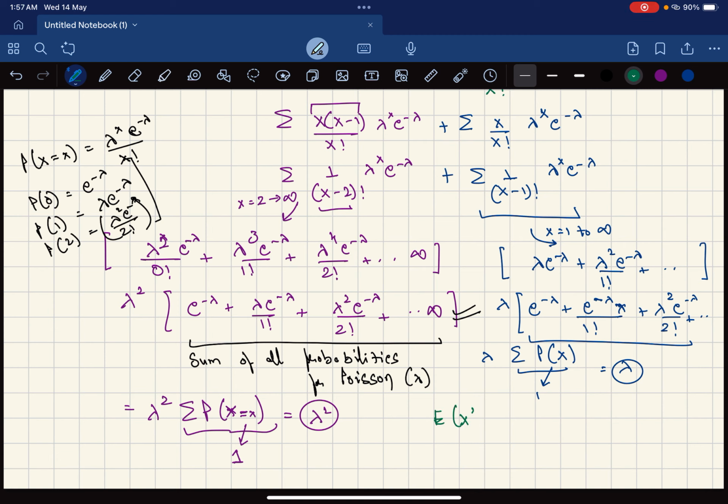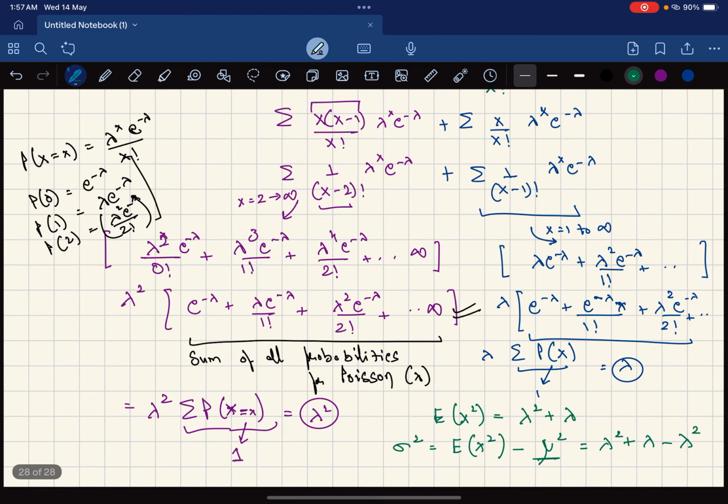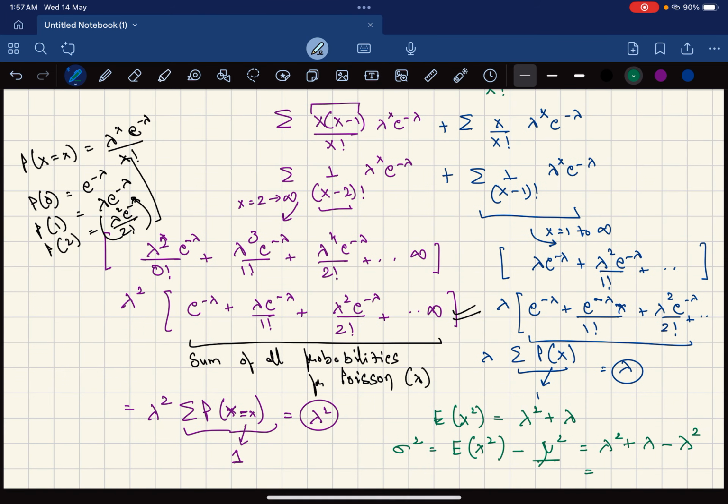Now that we already know the second moment of x square is lambda square plus lambda, we can calculate the variance as second moment of x minus mu square, which is lambda square plus lambda minus lambda square, because the mean of the Poisson distribution we earlier computed was lambda, and therefore we are using it as lambda square here, and we are left with lambda itself.